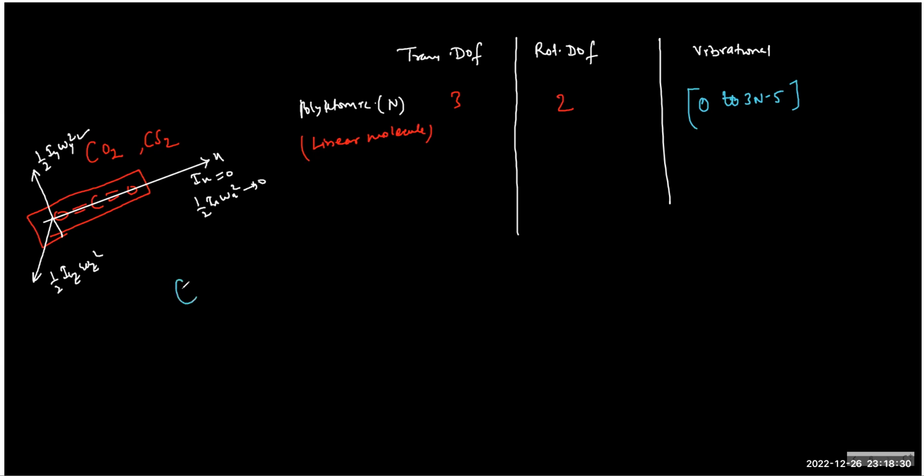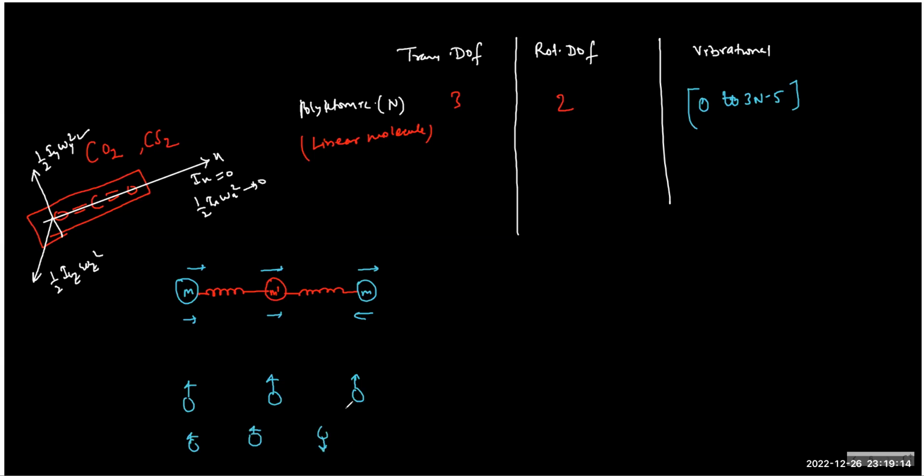Imagine CO2 as a 3-block system. You can think of CO2 like this. I can move all the 3 particles like this, or you can move asymmetrically. You can move these 2. You can move all 3 up. You can move 2 up, 1 down.